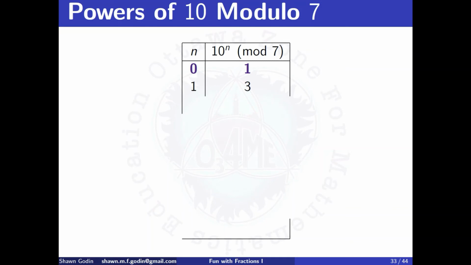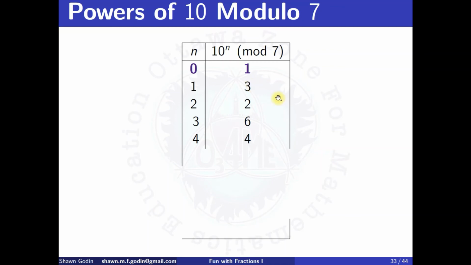And if we look at the powers of 10 mod 7, look what happens. Anything to the 0 is 1. 10 to the 1 mod 7 is equivalent to 3. 10 squared is going to be 3 times 3, which is 9, subtract the 7, is equivalent to 2, remainder of 2. 10 to the 3 is going to be 3 times this, which is 3 times 2 is 6. 10 to the 4 is going to be 3 times 6 is 18, and 18 is 14 plus 4.